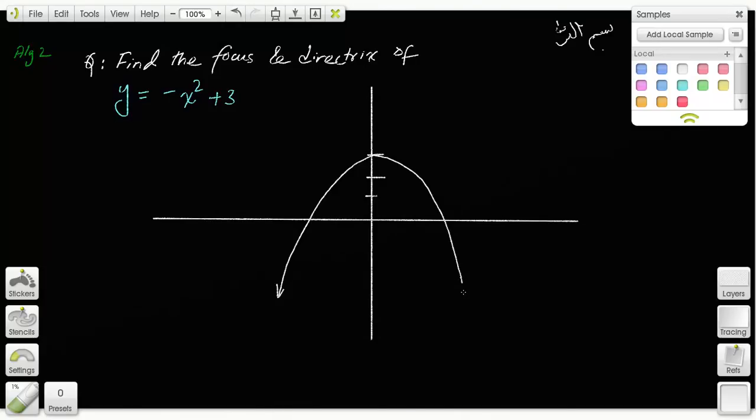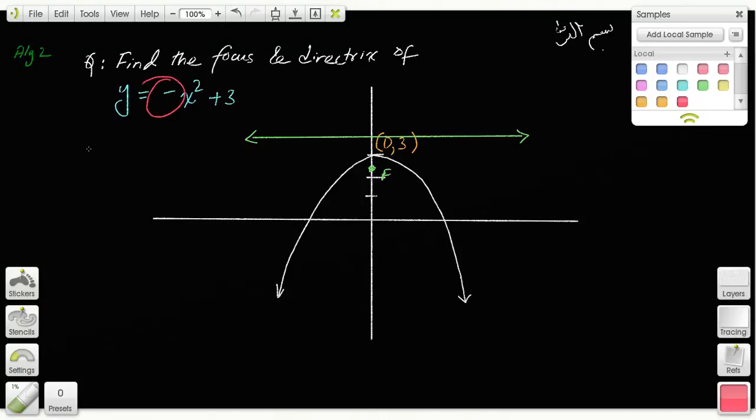It's very hard to draw symmetrical things over here, because it'll be the flip of the parent function moved up by 3 like this. So the vertex is going to be actually 0 and 3. Now in this example, the focus is going to be over here, right? And the directrix is going to be on this side like this. Okay. So the process is the same, correct?